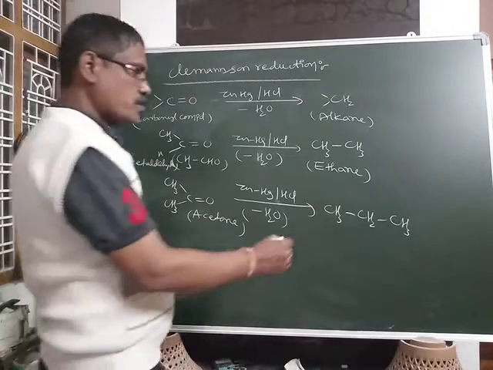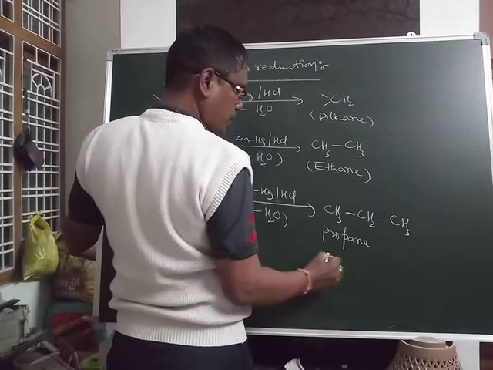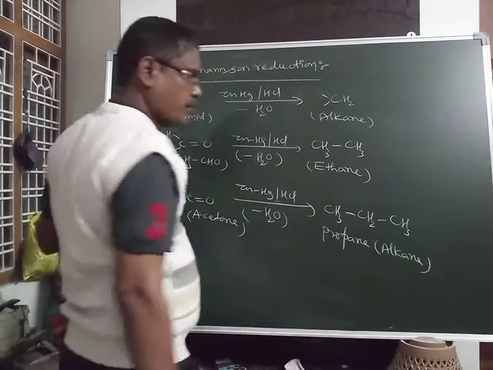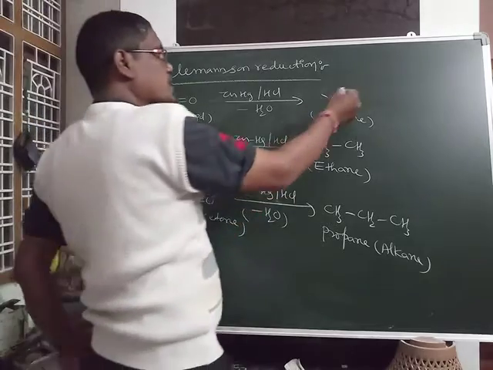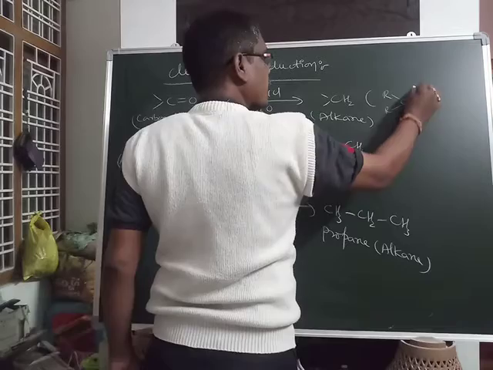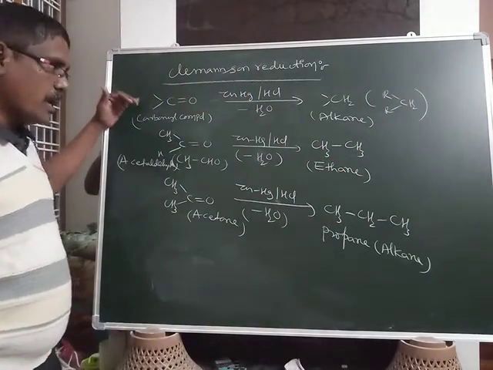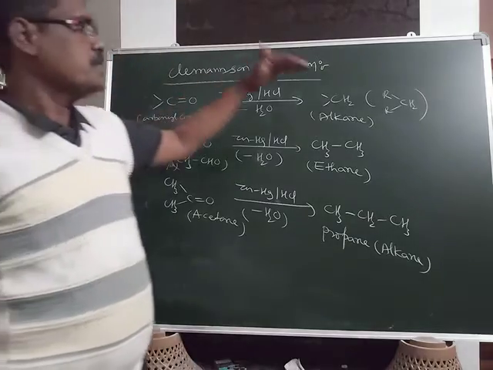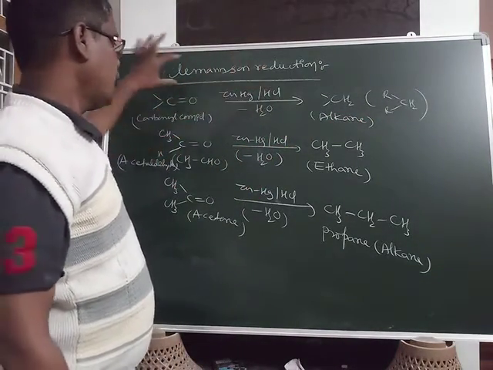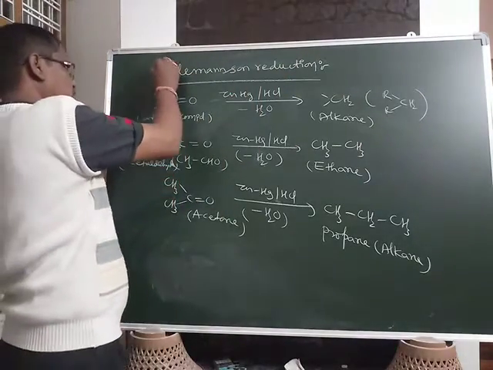That's why it is called propane. Propane is an alkane. That's why here R CH2 is an alkane. So a carbonyl compound reduces into an alkane in the presence of zinc amalgam and HCl, and this is called the Clemmensen reaction. It is also an important reaction.